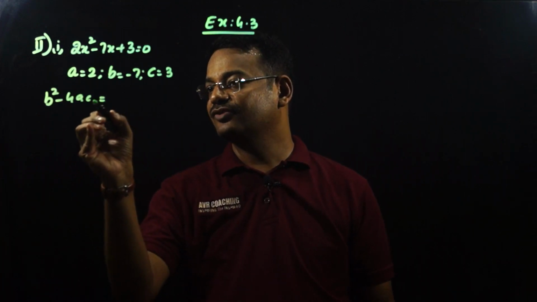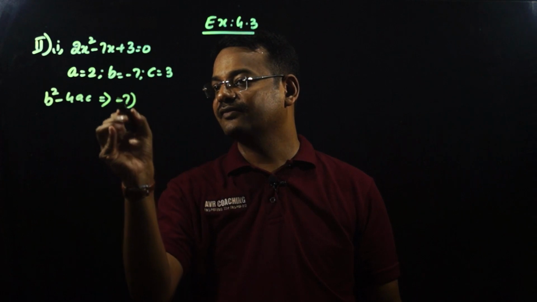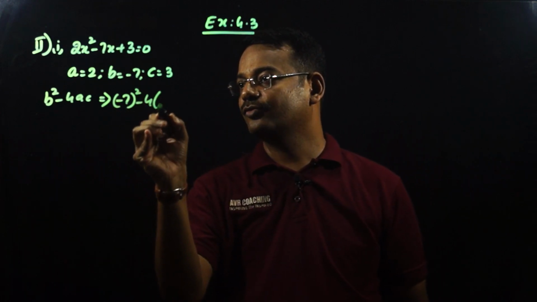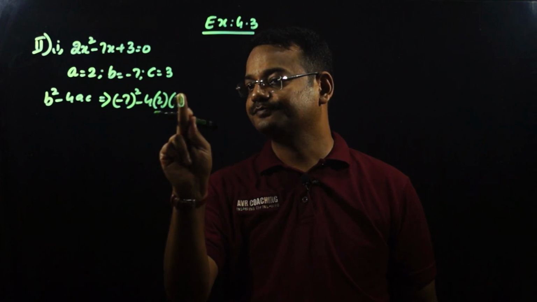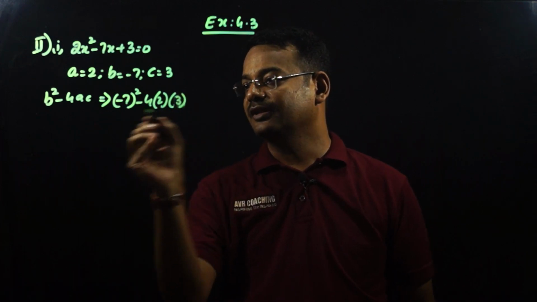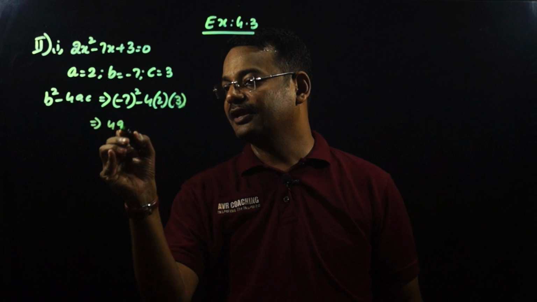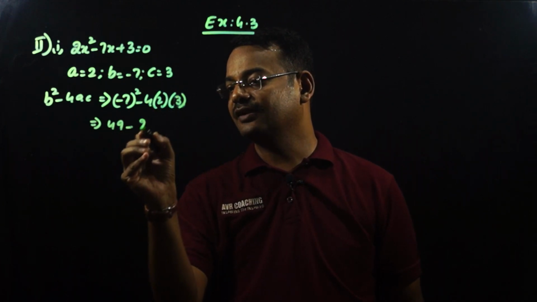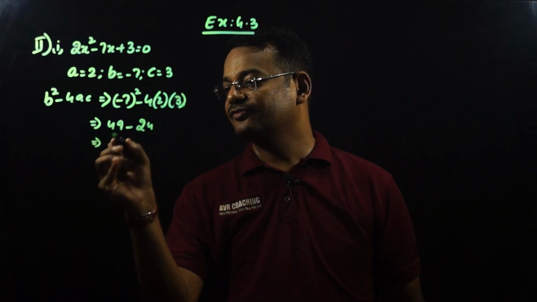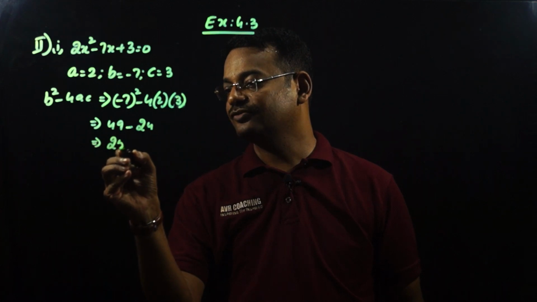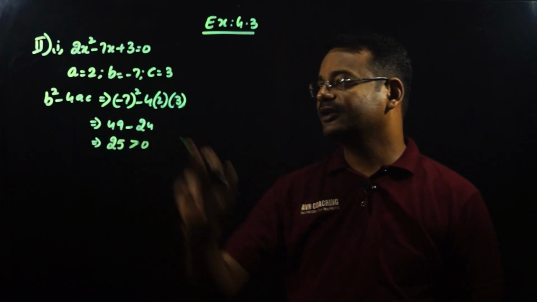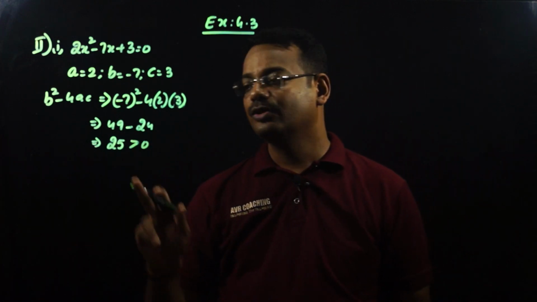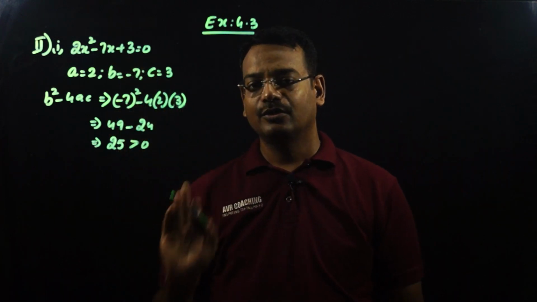Now b square minus 4ac is equal to minus 7 whole square minus 4 into a into c. C value is 3. So this will be 49 minus 4 into 2 into 3, which is 24. Implies 49 minus 24 is 25, which is greater than 0.